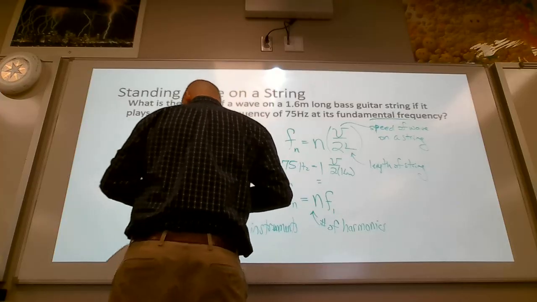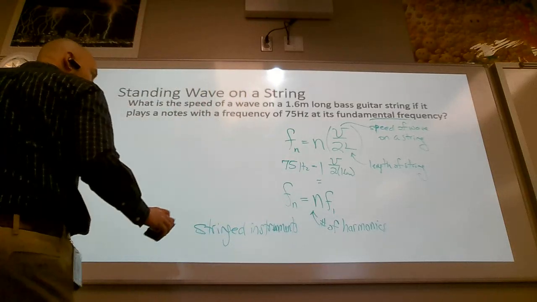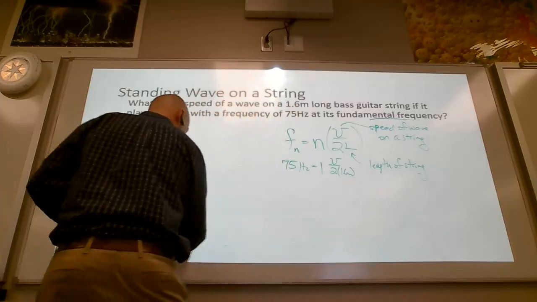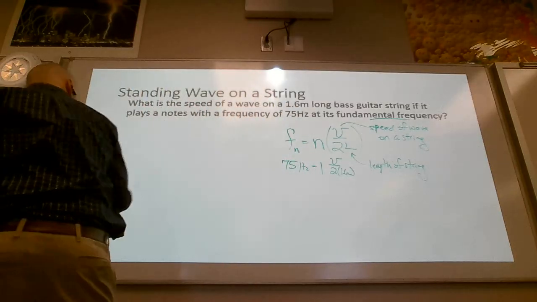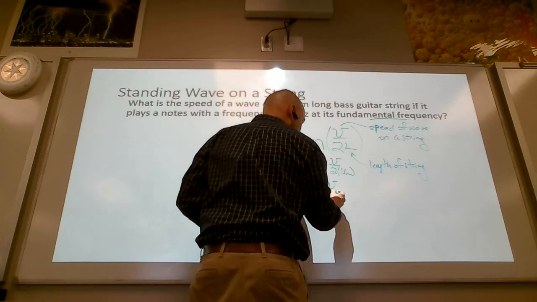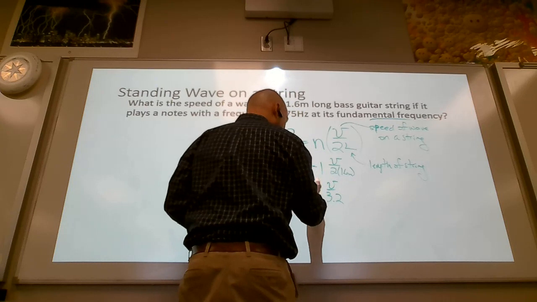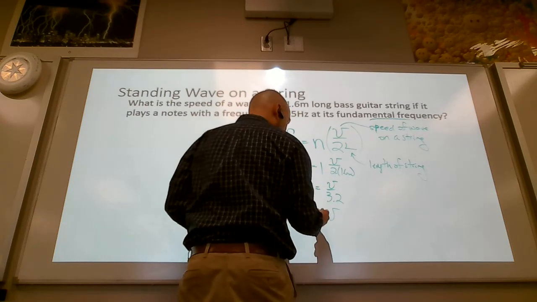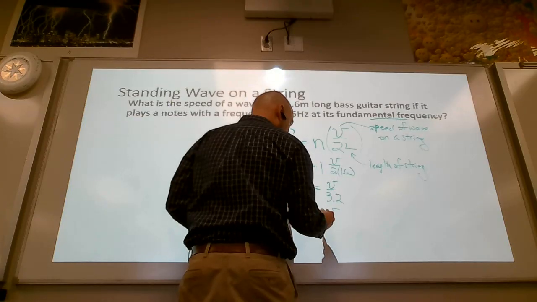So that's going to be equal to v over 3.2. 75 times 3.2 is 240 meters per second.